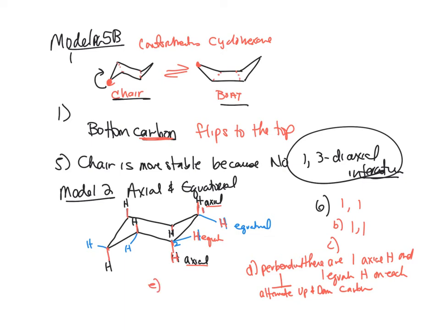E, describe how to locate the equatorial position with reference to the plane. First, you have to draw in your perpendicular axial, because that gives you your orientation. Then you can say if this is axial down, this must be equatorial up, and you try to draw it parallel to the bond about three over.